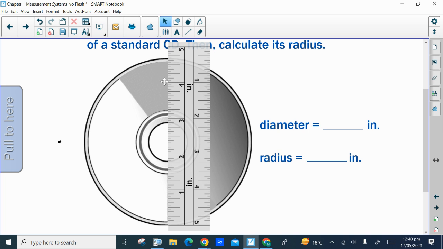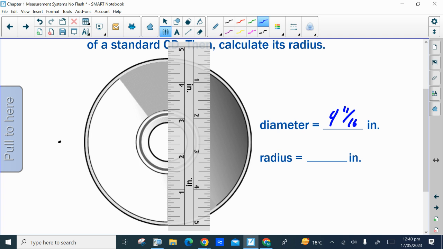So here we go. 1, 2, 3, 4, 5, 6, 7, 8, 9, 10, 11 it looks like. 11 of those increments from 4 to get to the top of that CD. So that would be 11/16. That's the diameter in inches. 4 and 11/16 of an inch.